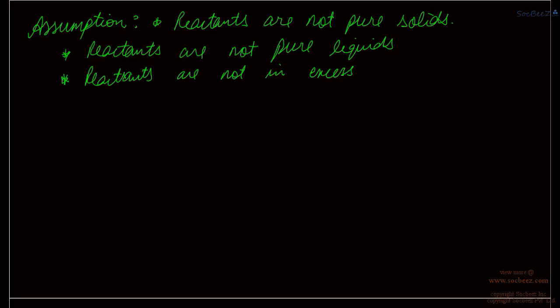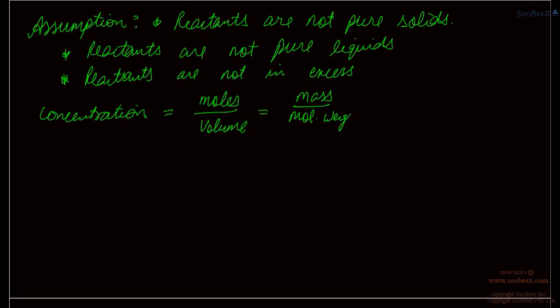Now this is the case because concentration equals moles per unit of volume, equals moles upon volume. Now, if the reactant is pure solid or pure liquid, then we can modify this expression as moles equals mass upon molecular weight, and volume is mass upon density.